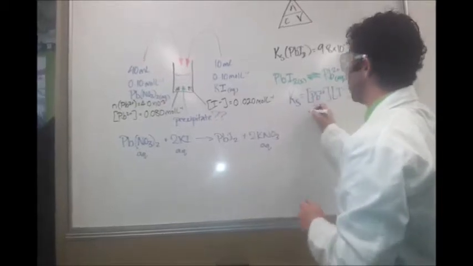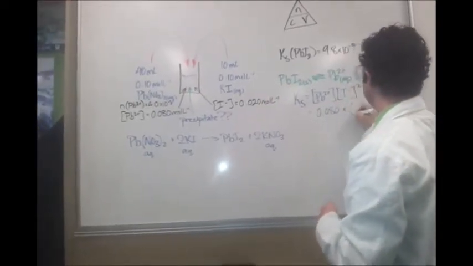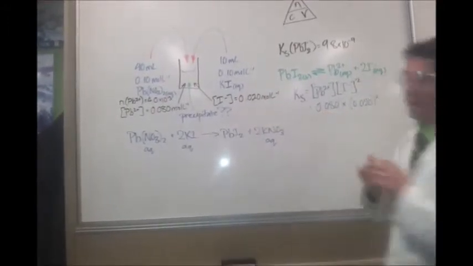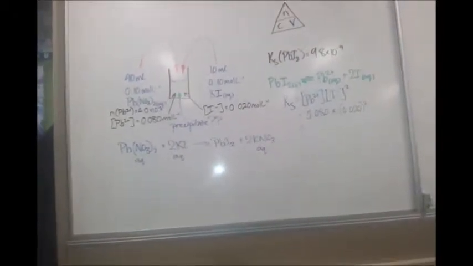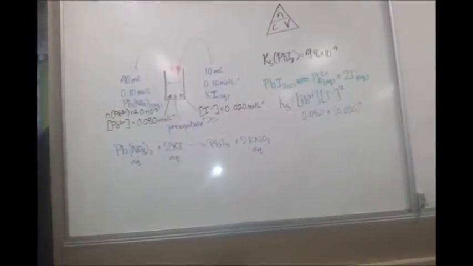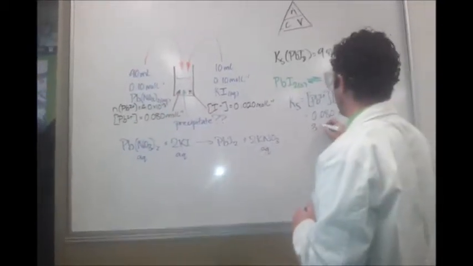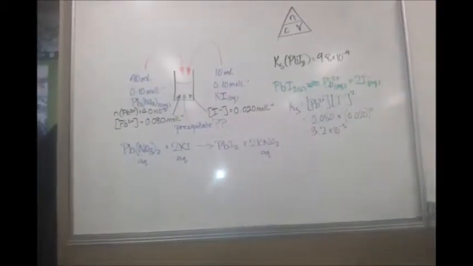So 0.080 times 0.020 squared. I will definitely use a calculator for this. I get 3.2 times 10 to the negative 5. Again, no unit required for Ks at this level of study.